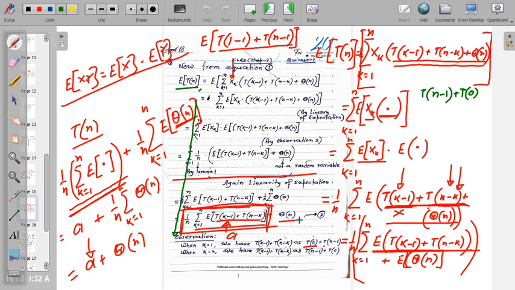A means this. And now this term I am again simplifying.